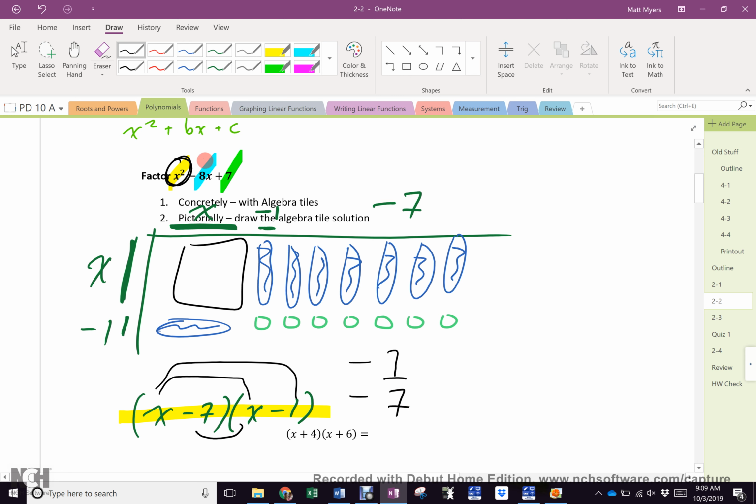Negative 1 and negative 7 is negative 8. And negative 7 times negative 1 is positive 7. Do you ever need to ask? No. It takes 2 seconds to check if you did it right. If it doesn't multiply back to what you started with, have you done it right? No. So you need to go back and check what you did. Everybody cool? That is the last time I am going to do this.